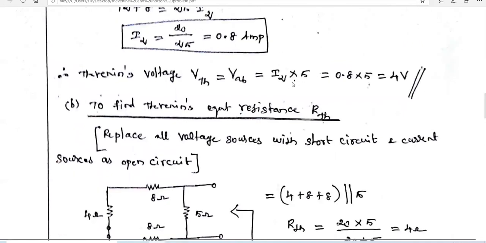The voltage across the 5 ohm resistor is the current flowing through it multiplied by 5, so I2 into 5. With I2 calculated as 0.8, we get VTH equal to 4 volts.